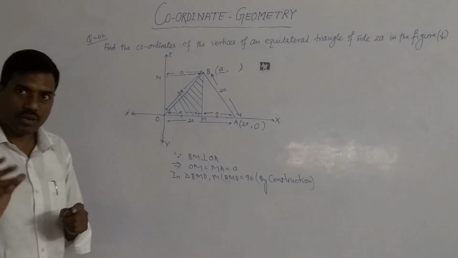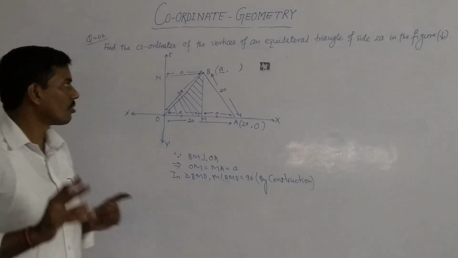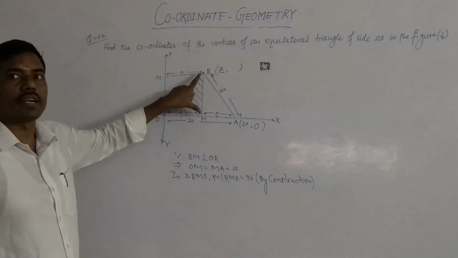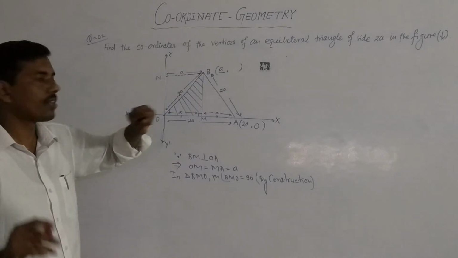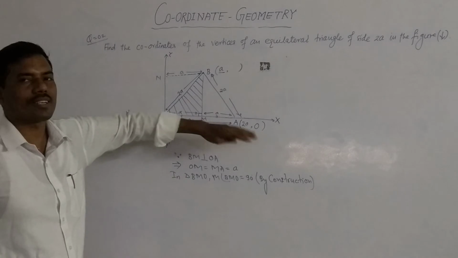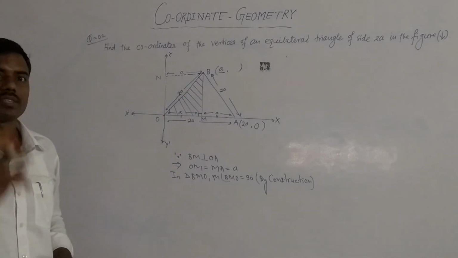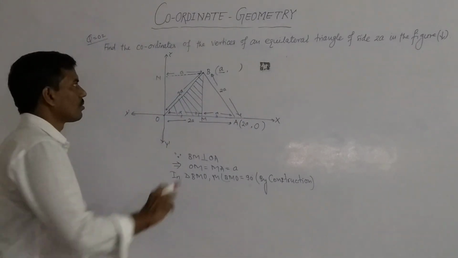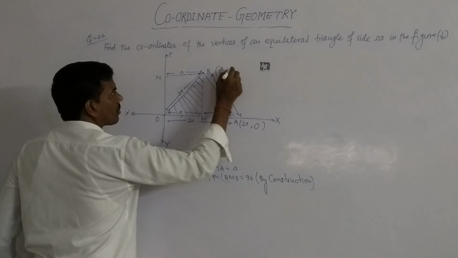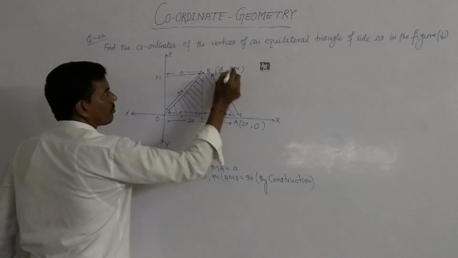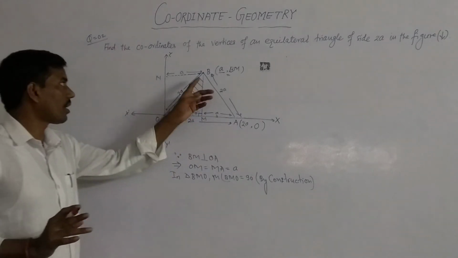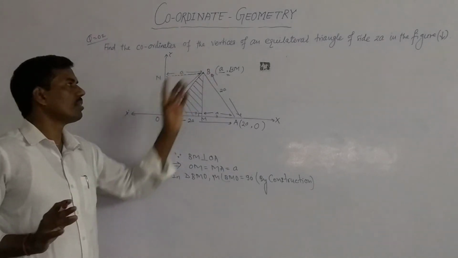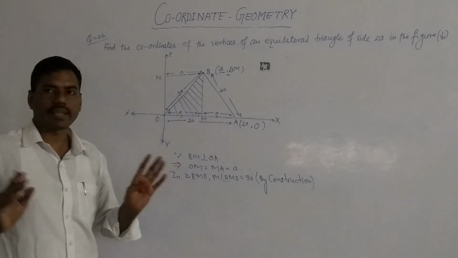Now our target is to find the y coordinate, and we know that the y coordinate is BM. The y coordinate is the distance of point B from the x-axis, and BM is that perpendicular distance. We have to find BM. In triangle BMO, two sides are known: side OB is 2a units, side OM is a unit.